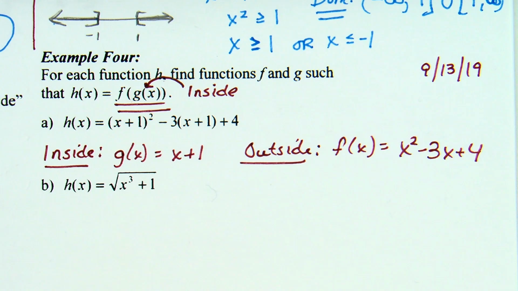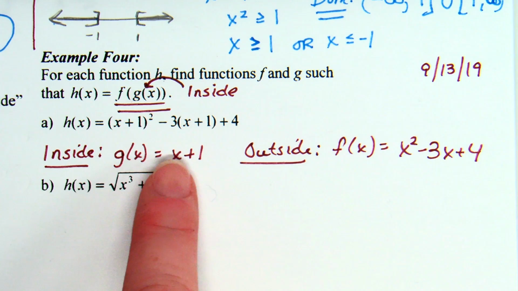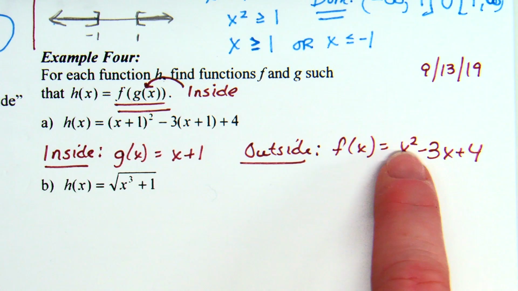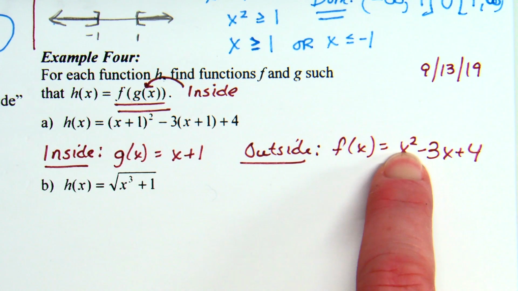If you're a little hesitant on what you're doing on some of these, this is what I have to do when I grade your quiz next week, because I'll have something like this on there, and I'll have to grade it with the idea that, okay, this is what I think the obvious answer is, but if you give me something different, I'm going to check and see if it will possibly work. And so check this and see, okay, if I'm trying to find f∘g, f of g of x, x plus 1 has to go in right there, and it has to go in right there.